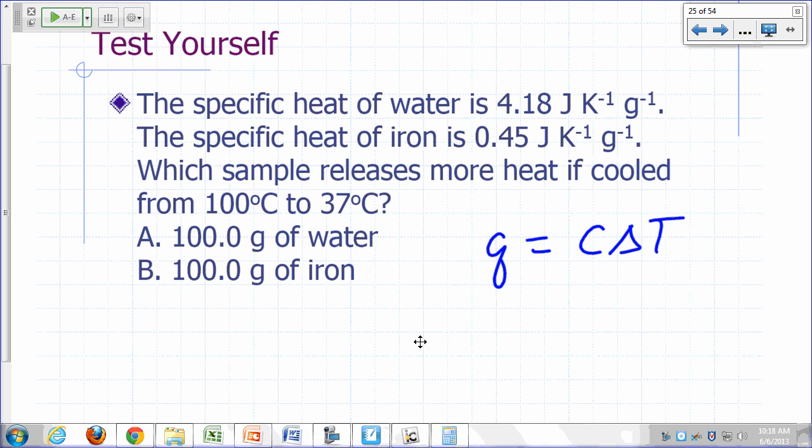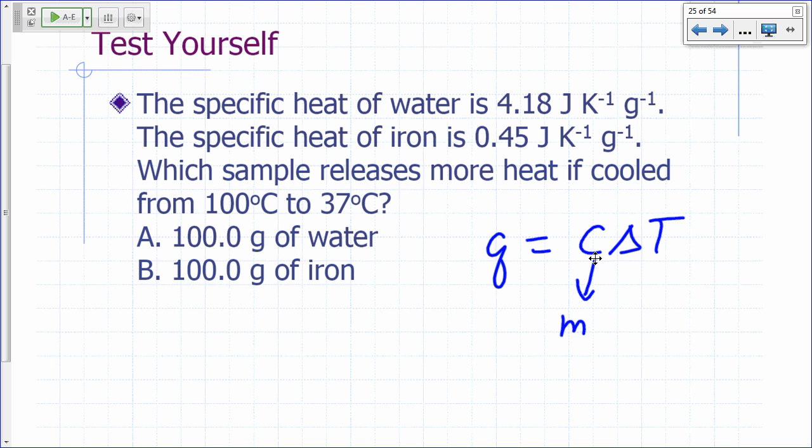And what is C? It's mass times the specific heat. I'm going to use C sub S. I like this new notation that I've been seeing in recent textbooks. C sub S for specific heat. Heat capacity is mass times specific heat. You're looking at the same delta T, from 100 degrees to 37 degrees. You're looking at the same mass. So which one will give you a bigger Q? Let's try again.